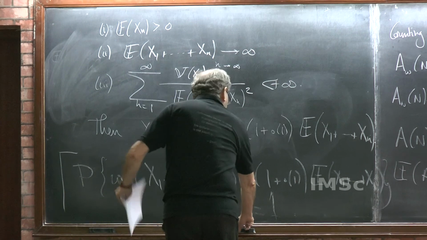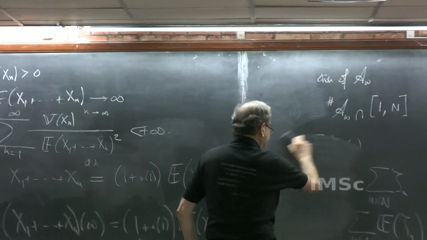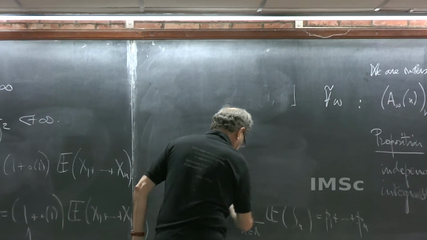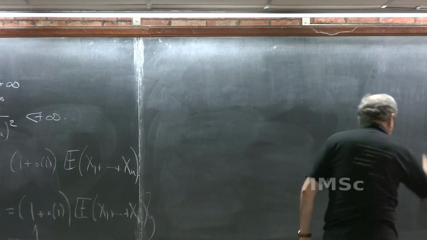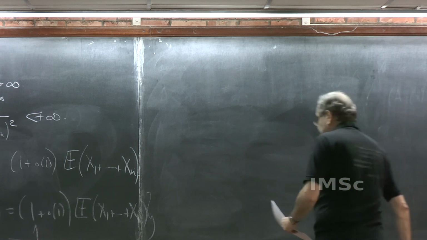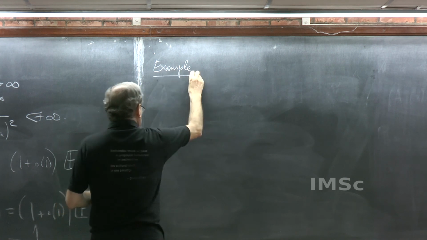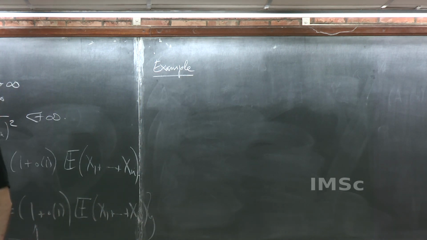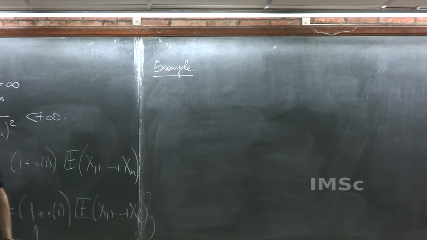So let us go to this example now. You want to have something like squares. What you would like to have is something which tells you that the sum of the expectations here is something like square root of n.